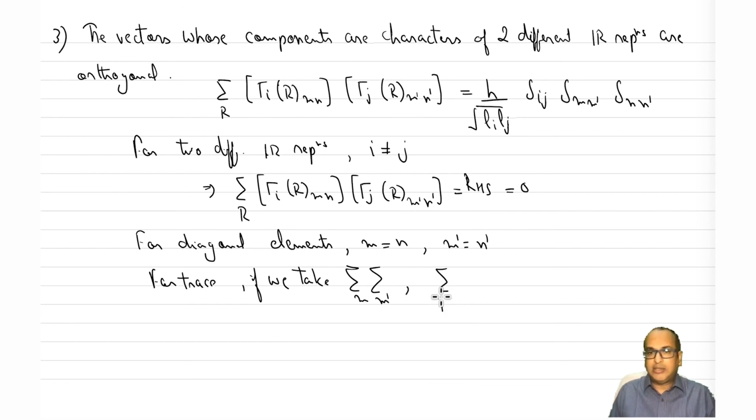Like in the last property, we saw that this is equal to nothing but the square of the trace under the ith representation for a particular symmetry operation, and the square of this. And the right hand side, we have already seen that it is equal to 0, right?